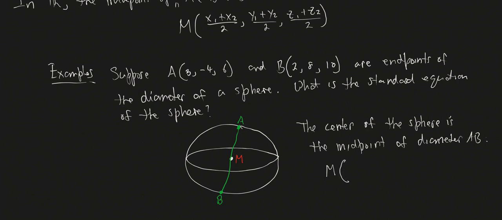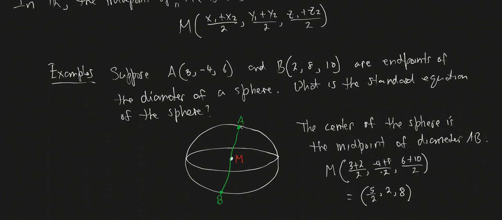So let's average the x's. So this is (3 + 2)/2, (-4 + 8)/2, (6 + 10)/2. So it ends up being this point. So it's 5 halves, 4 halves, which is 2, and then 16 halves, which is 8, right?